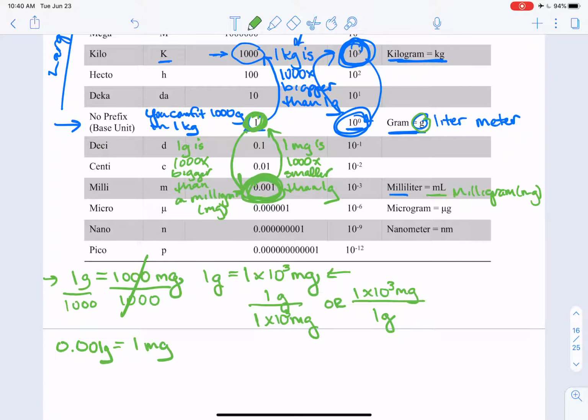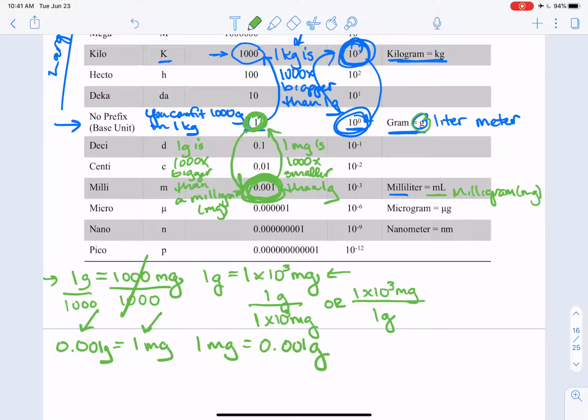Okay, so this is saying that if you have 1 milligram, it is this tiny little portion of a gram. Okay, if you have 0.001 gram, that little tiny portion of a gram, you have 1 milligram. We can switch this around and say 1 milligram is equal to this tiny portion of a gram, 0.001.